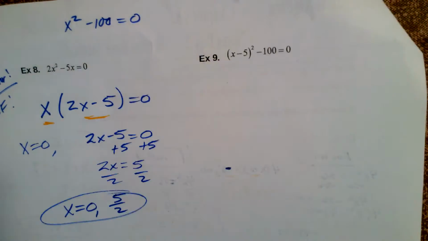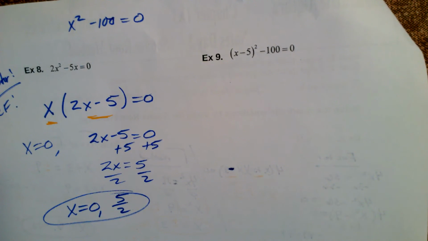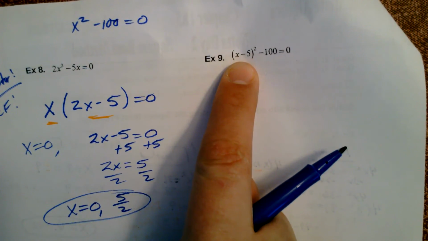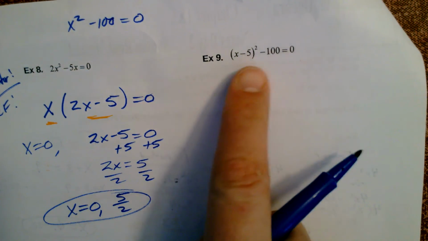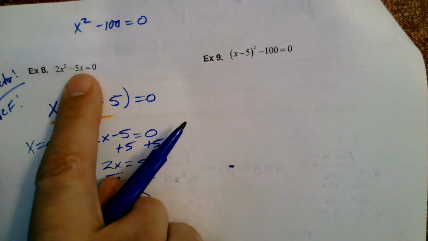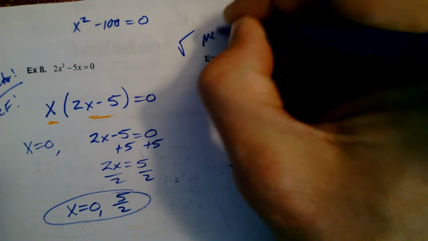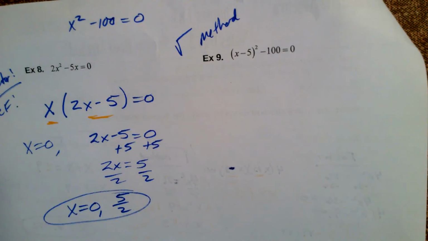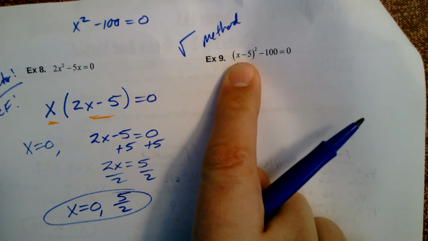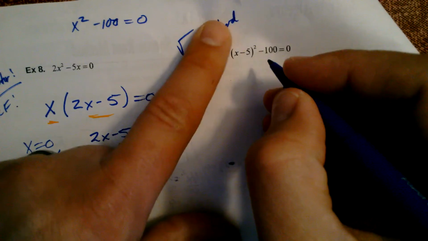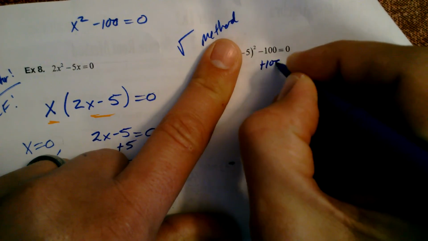All right, number 9, let's finish up. We want to isolate this x. Okay, this one doesn't have that x term there like the last one, so we can go ahead and use that square root method. But we want to isolate the squared term. So we need to get this 100 over there. So let's move this hundo using addition.